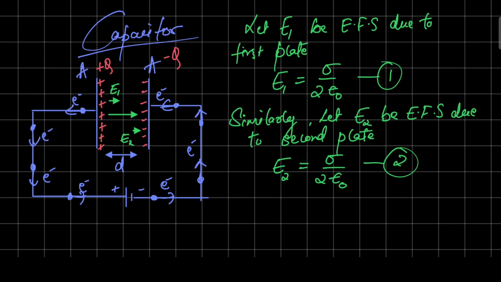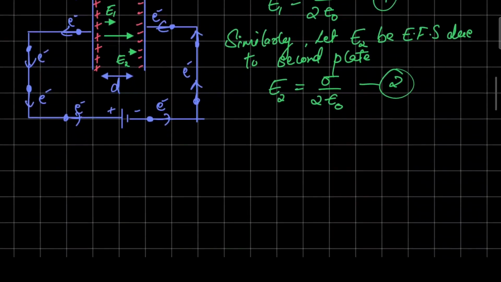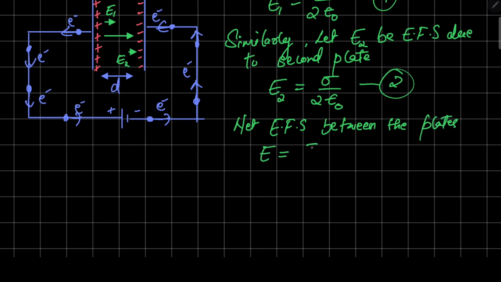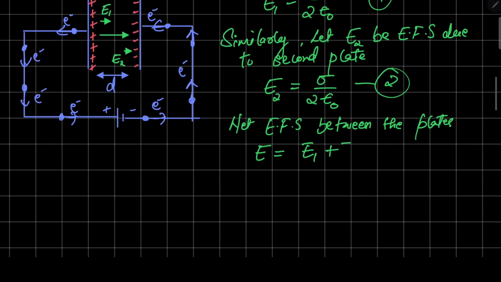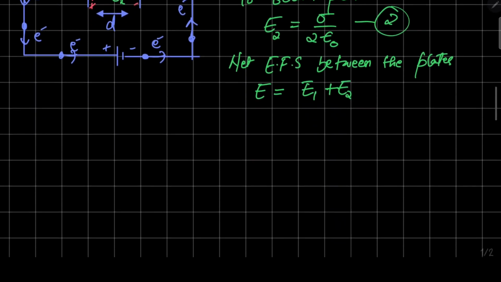Looking at the directions of E1 and E2, we see that E1 and E2 are in the same direction between the plates. Therefore, to find the net electric field strength between the plates, I can write that the electric field is simply the sum of E1 and E2.